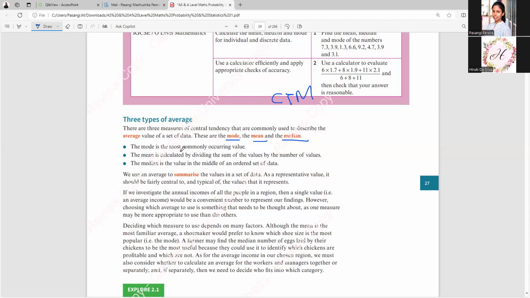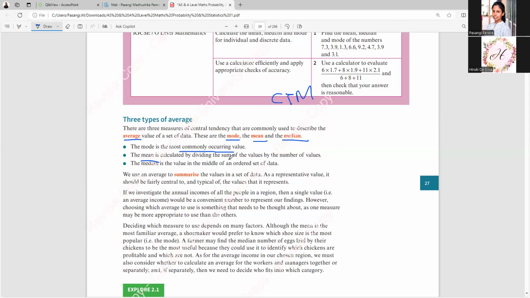The mode is actually the most commonly occurring value, what we learned earlier as well. And the mean is calculated by dividing the sum of the values by the number of values.